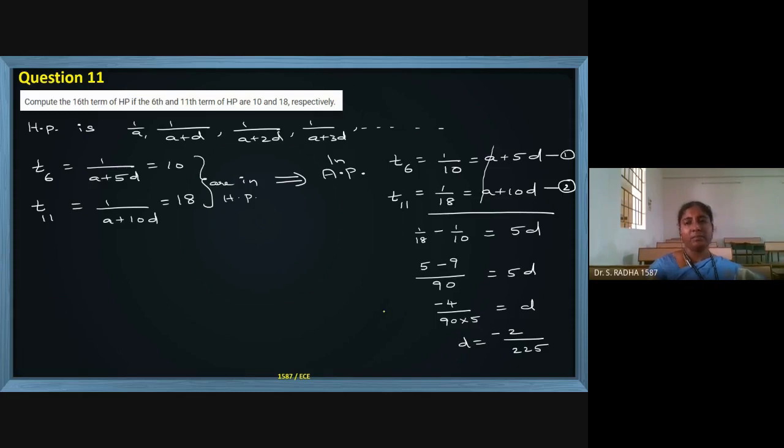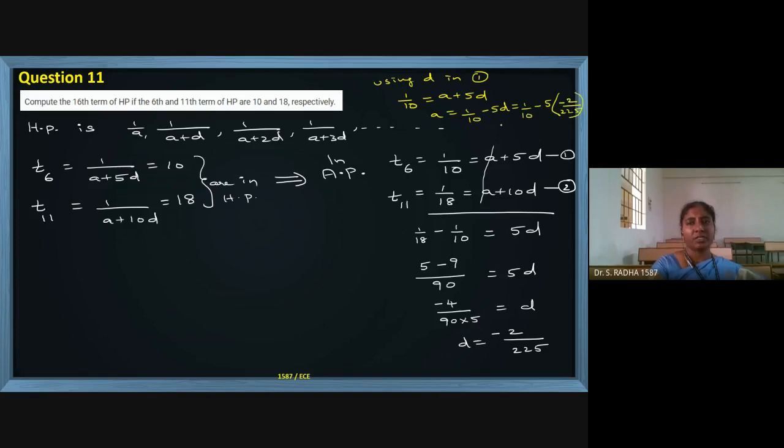Using this d in equation 1: equation 1 is 1 by 10, which is a plus 5d. We need the a value, which is 1 by 10 minus 5d. Substitute the d value: minus 5 into minus 2 by 225.